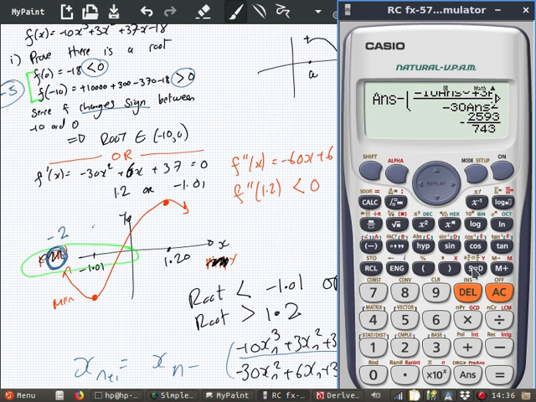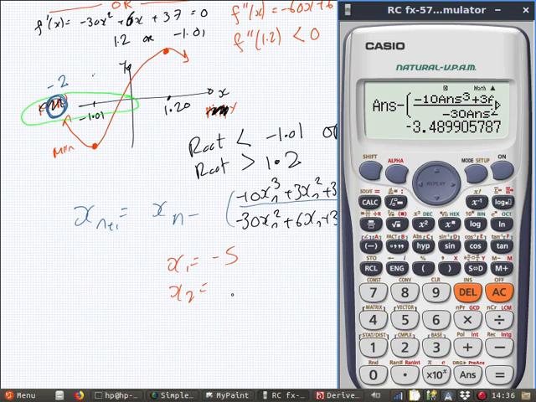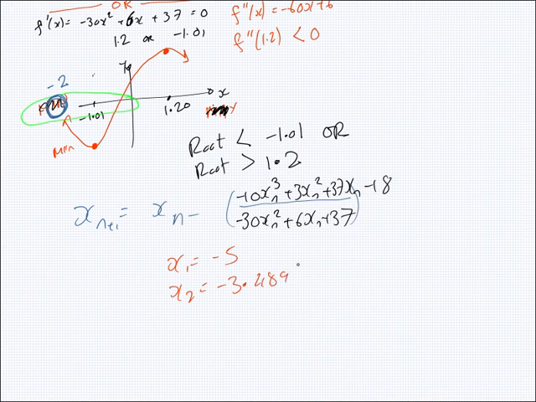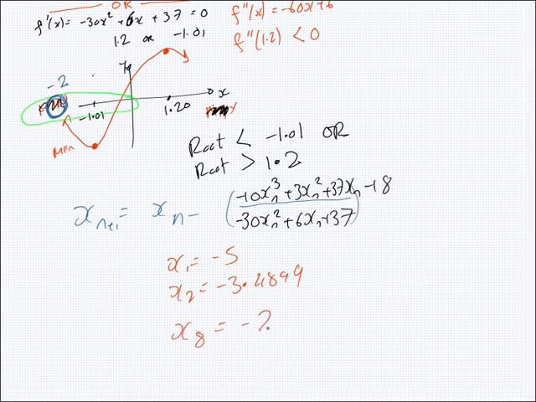Starting at minus 5, next we get to minus 3.4899. Next, minus 2.5, minus 2.14, and after 8 of them, we end up at minus 2. So, minus 2 is an answer.